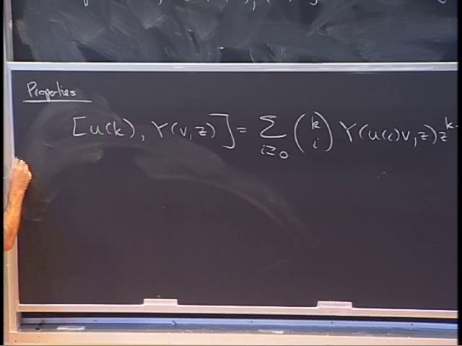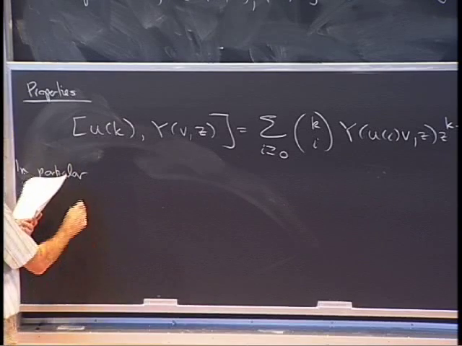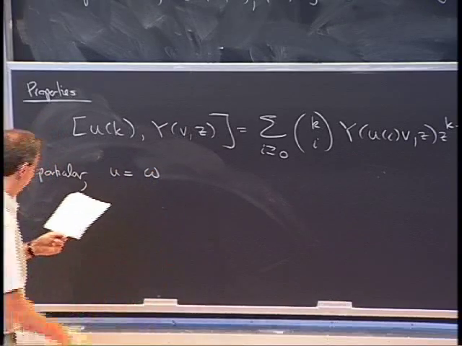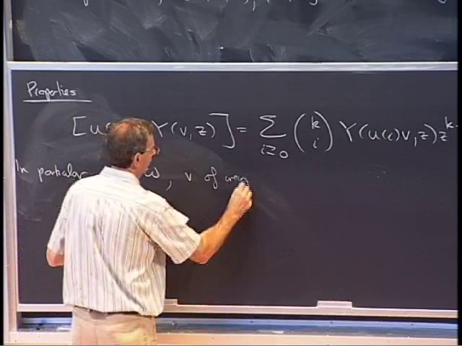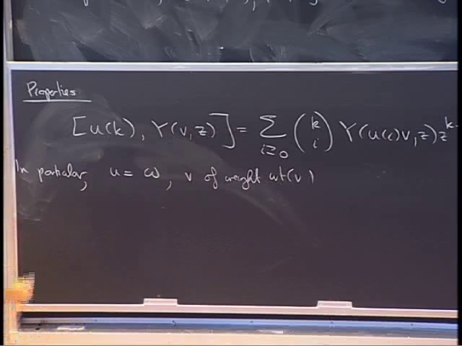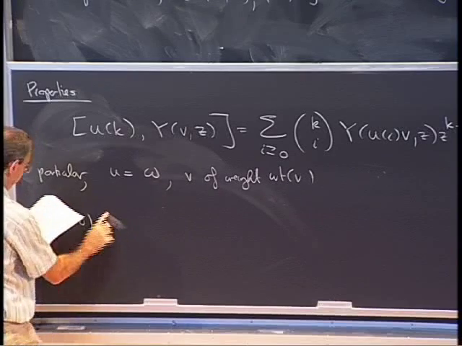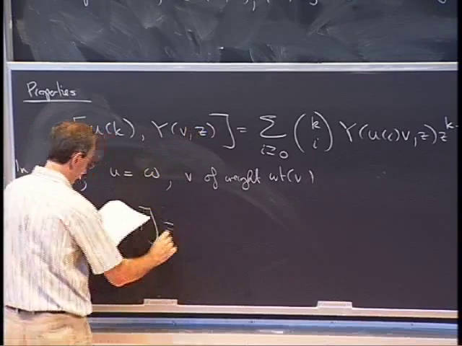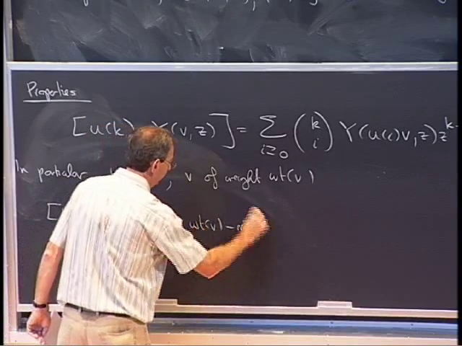So in particular, if I choose u equal to the Virasoro vector and take v of weight wt v, then it follows that the commutator of L0 with the nth mode of v gives the following standard formula: the weight of v minus m minus 1.